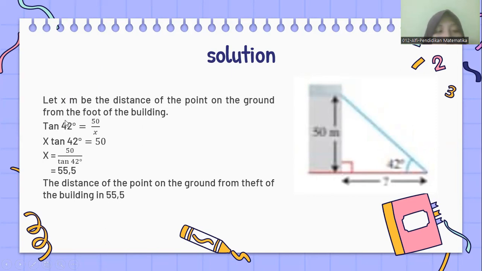Tan 42 degrees is equal to 50 meters over x. Here 50 is the opposite and x is the adjacent.